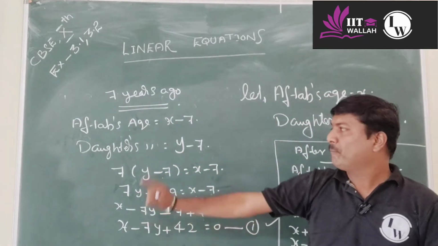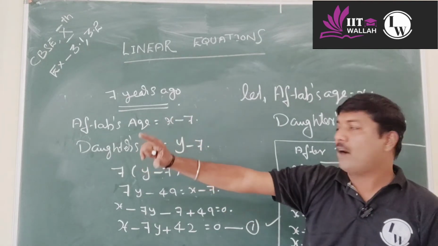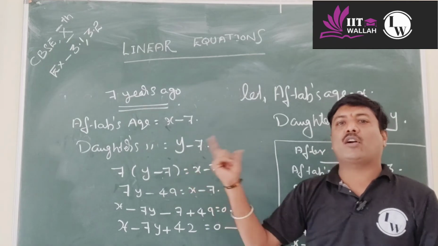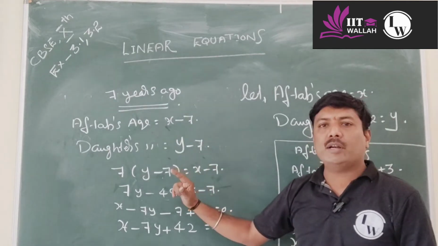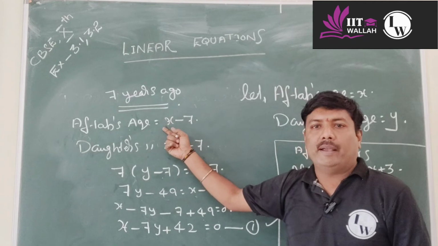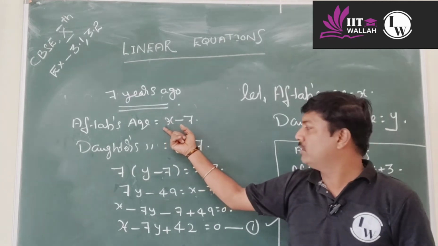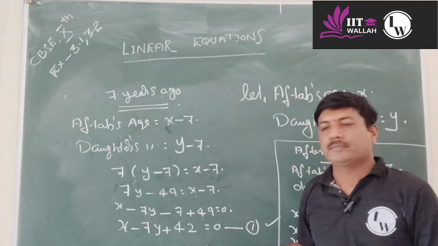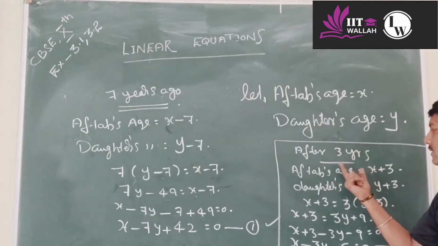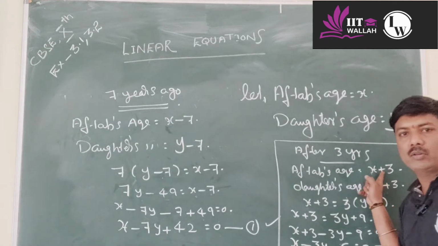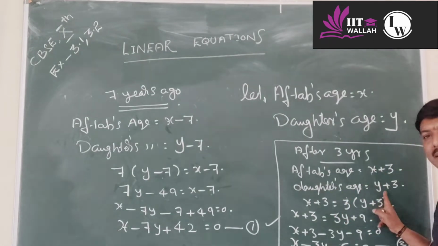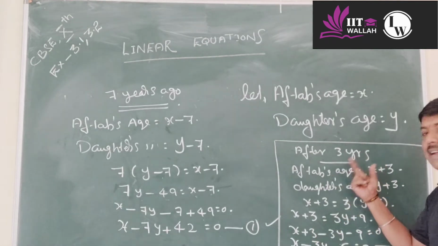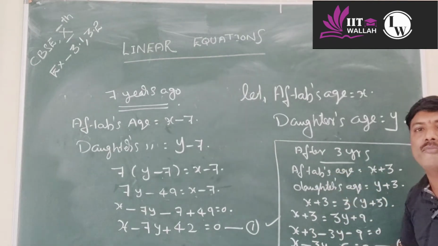First condition was 7 years ago, Aftab's age is x minus 7 and daughter's age is y minus 7 years ago. And Aftab's age would be 7 times the daughter's age. That means 7 into daughter's age is equal to Aftab's age. So you will get this equation. Here, after 3 years, Aftab's age is x plus 3, no doubt in that. And daughter's age y plus 3. And they are saying that after 3 years, Aftab's age would be 3 times the daughter's age.